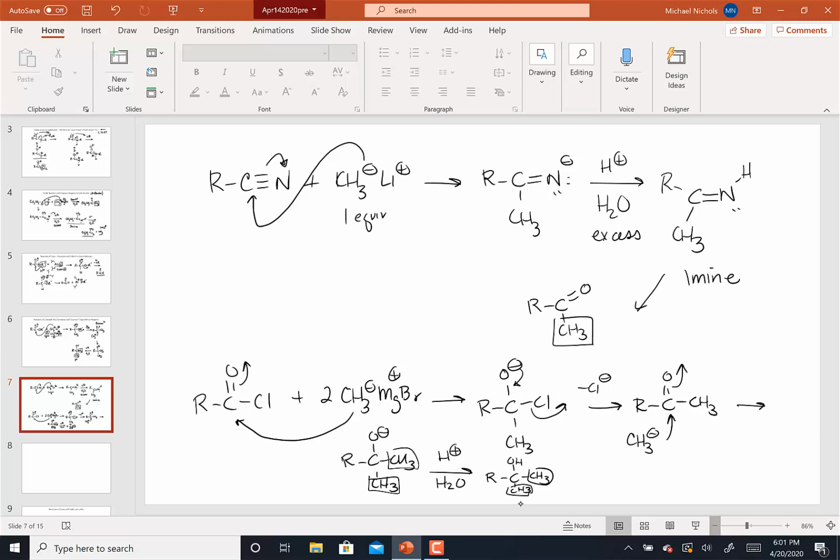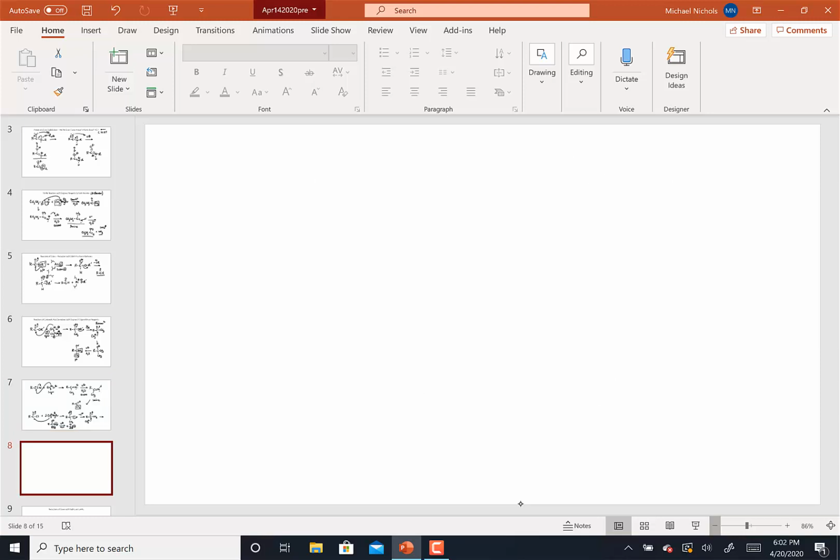So let's see, we got 2 more groups to talk about here. Let's talk about adding the carboxylic acid anhydride with a Grignard. How many equivalents am I going to need with this? So I'm going to add my CH3 minus Li plus to this, or Grignard. The CH3 minus is going to come in and add to one of the carbonyls.